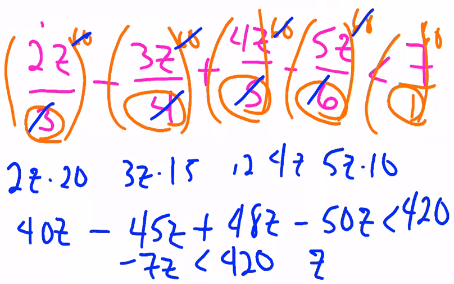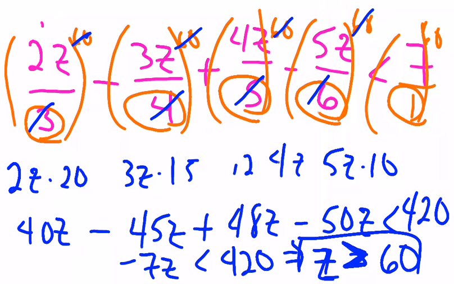So then we get z, and because we divided by a negative, our sign changes direction, so we have a greater than sign, and then 420 divided by 7 is 60. So our answer is z is greater than 60.